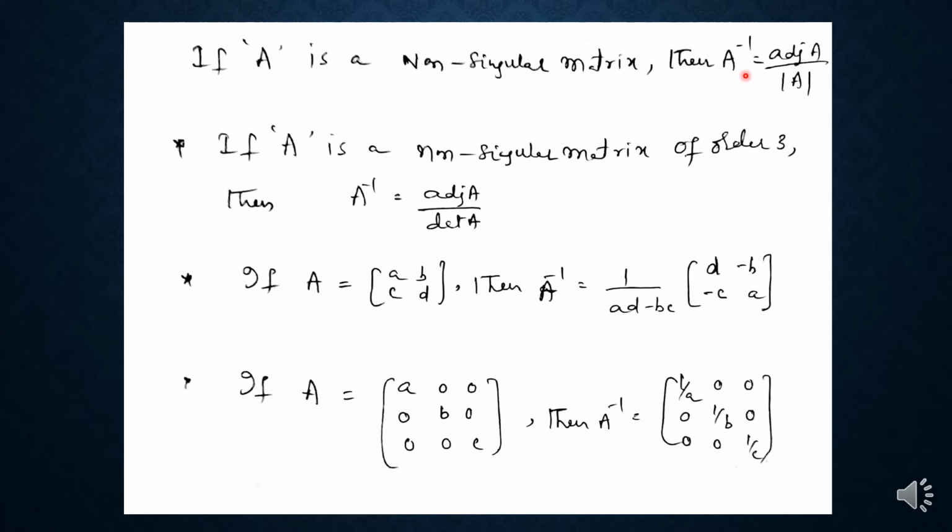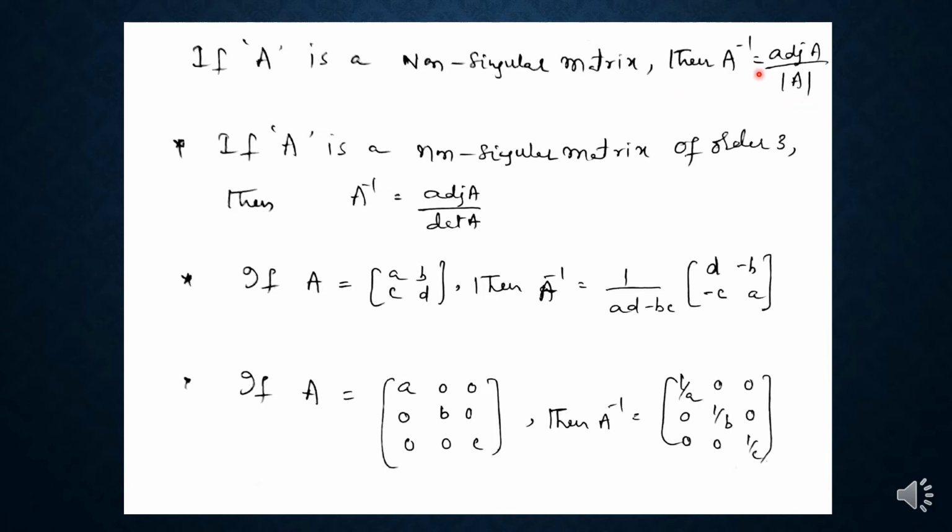By finding the cofactors of each and every element and replacing the elements with their corresponding cofactors, that is called the cofactor matrix. And adjoint A is the transpose of the cofactor matrix. So the formula for A inverse is equal to adjoint A by det A.